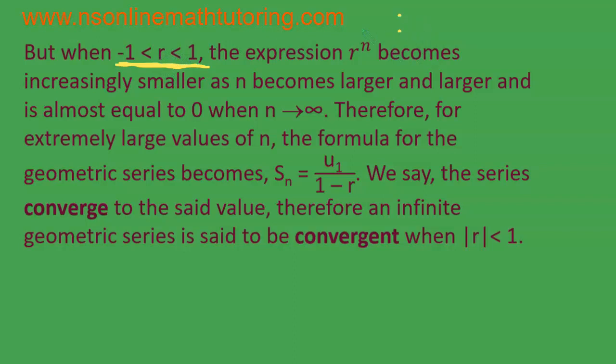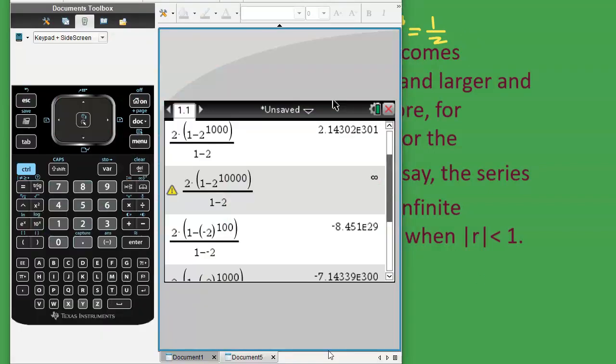But let us take the r value as half. Okay. So if r is equal to half, how does r to the power of n change? Let us see that. Half is 0.5.